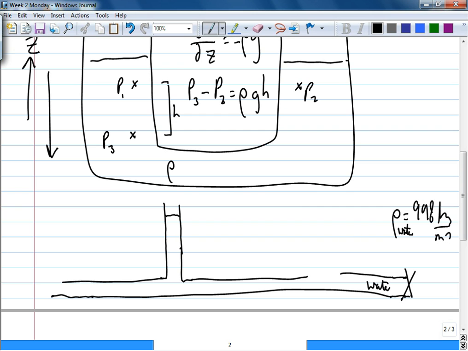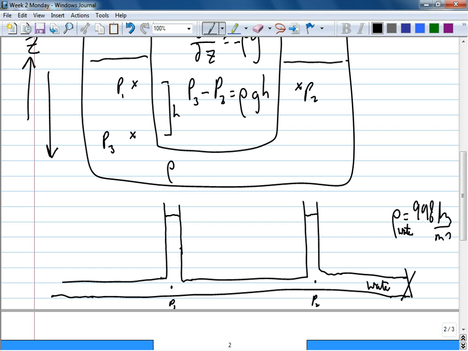But if the water is not flowing, by right, this height should be the same or not? Yes. Why? Because the pressure here, P2 and P1, should be the same. Water not flowing. So I can know what the pressure in my pipe is, my water pressure when the valve is turned off. There must be some pressure, otherwise when you turn on the valve, the water won't flow.